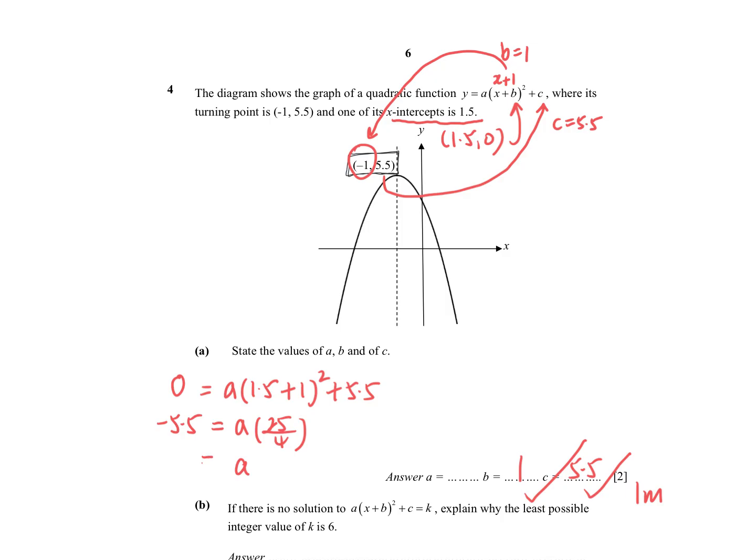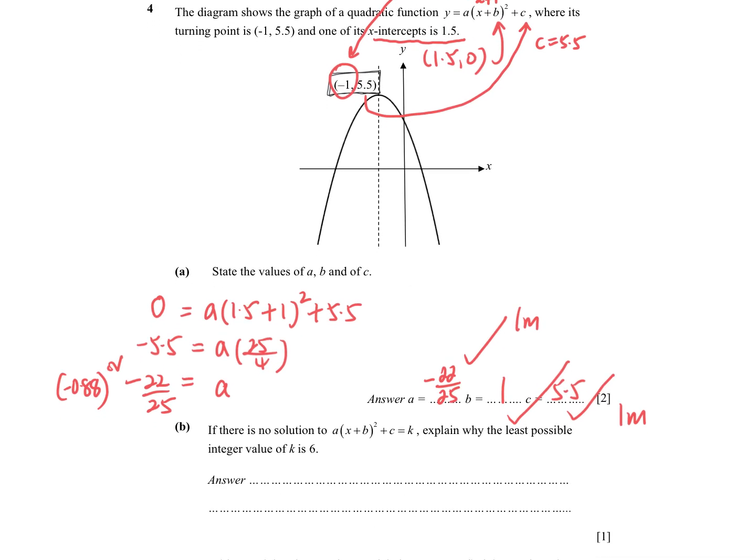So your A will end up as a fraction, or if you prefer decimal, it is minus 0.88. So this is 1 mark. Okay, make use of the question to help you get your unknown.